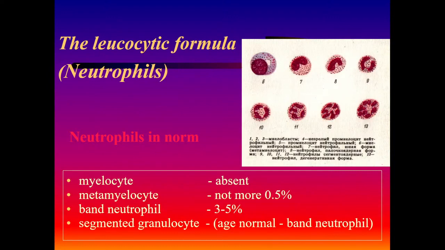In the leukocytic formula, neutrophils include myelocytes, which in normal must be absent; metamyelocytes, no more than 0.5%; band neutrophils, nearly 3 to 5%; and segmented granulocytes.